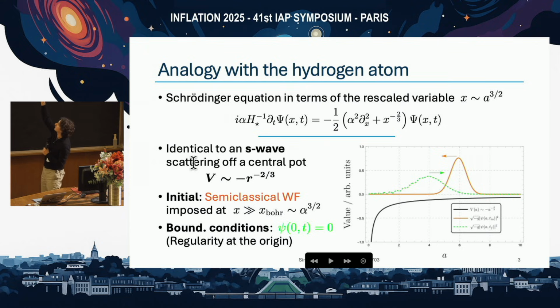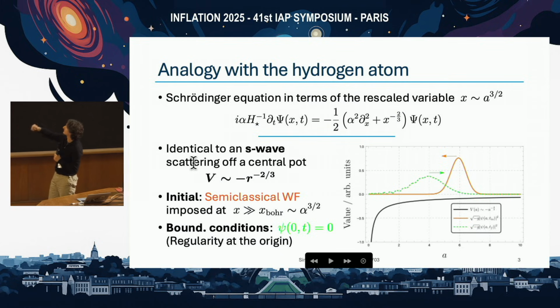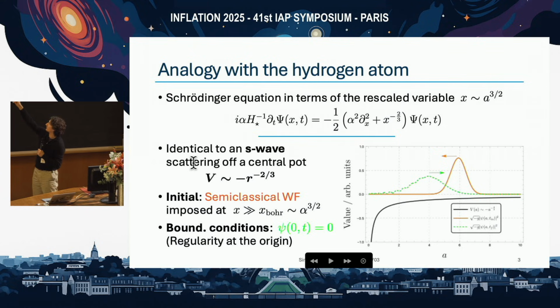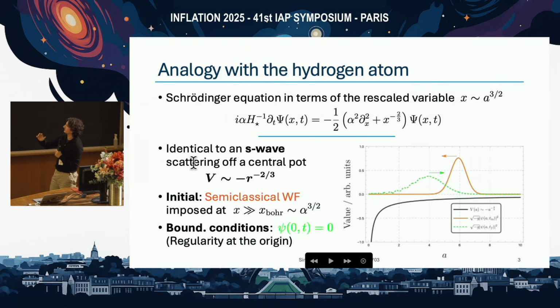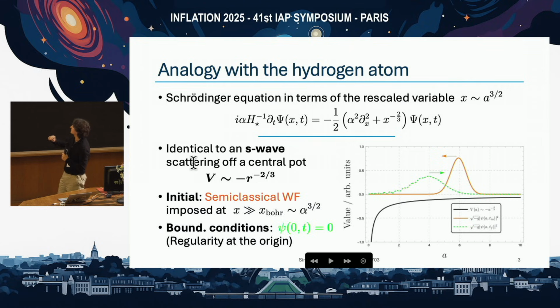So this Hamiltonian admits bound states because the potential is identical to that of an S-wave scattering off a central potential, which is of this type, minus r to the minus 2/3. And the problem we consider is the one of preparing initial semi-classical states far away from the origin, imposing boundary conditions at the origin, and evolving those wave packets through the Schrödinger evolution.